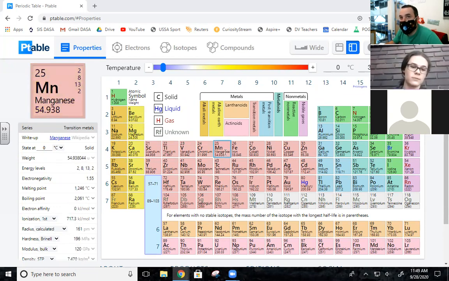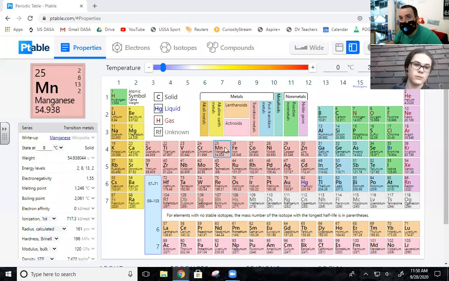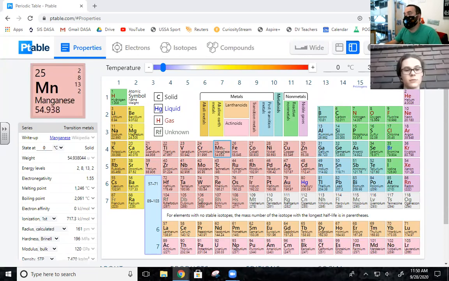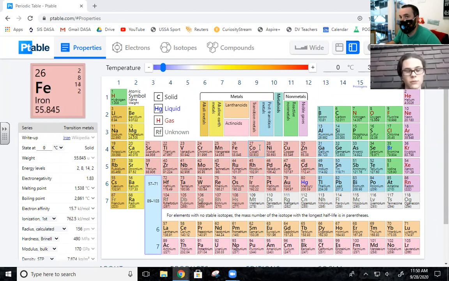Let's take manganese and gallium as an example. Manganese has fewer or more valence electrons than gallium?